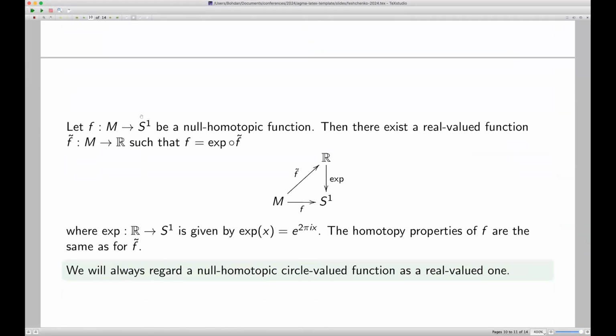And if we have a null homotopic S1-valued function, then there exists a lift f tilde, which is a smooth function from our class F0. Therefore, we will always regard null homotopic circle-valued functions as real-valued ones.